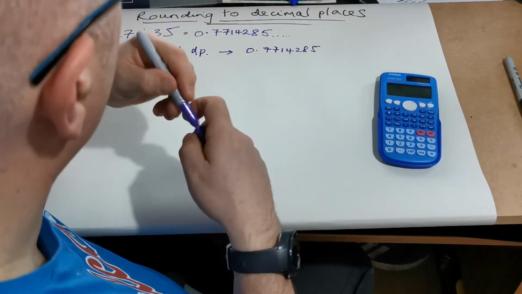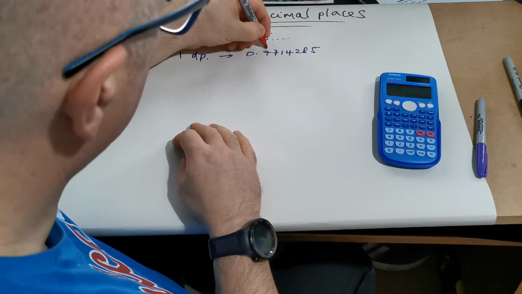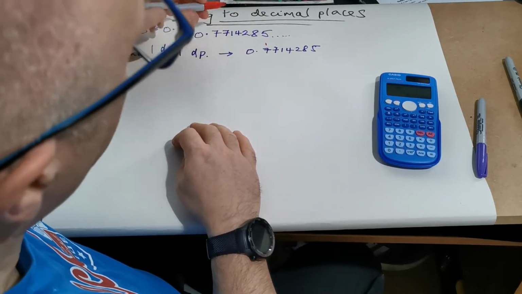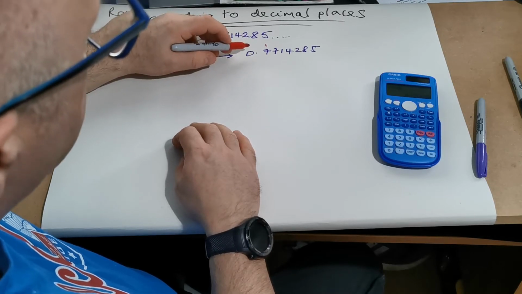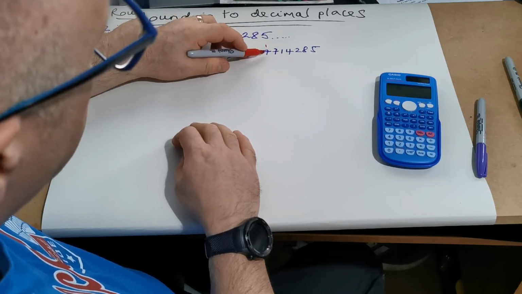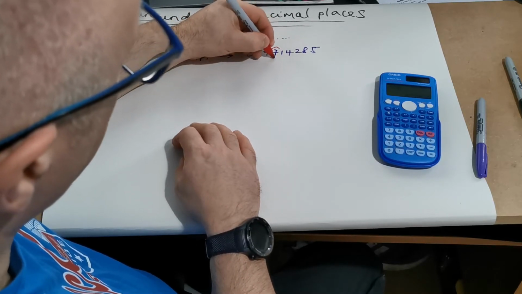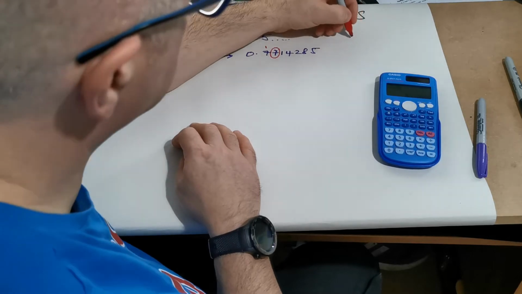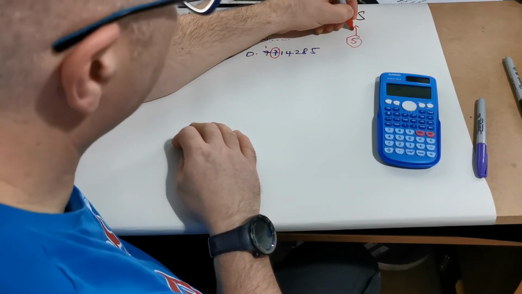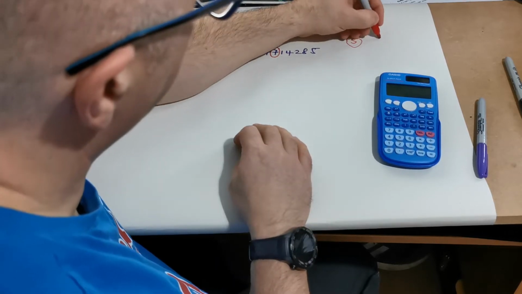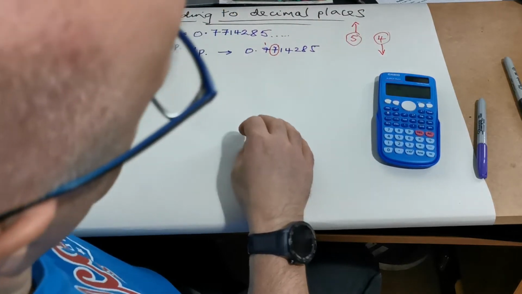And if I want to round to one decimal place, here's my 1 decimal place, but now I need to see, is this closer to 0.7 or closer to 0.8? And I'm sure you're used to thinking that if I've got 5 or more, I round the value up, but if I've got 4 or less, it rounds down.